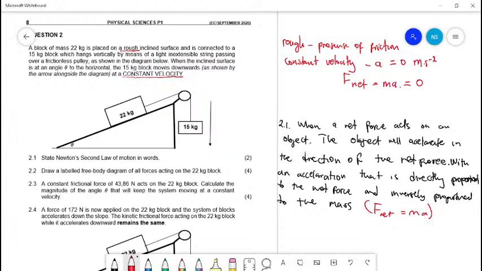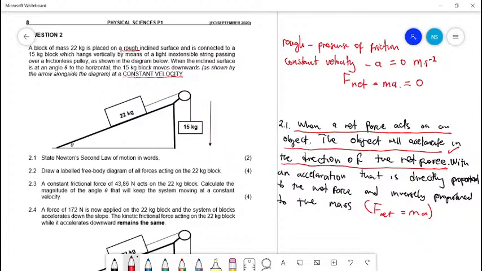So the first part of this definition, you need to be talking about the force acting on an object, right? So this has to be the first part of the definition. And then how the object accelerates. And then you'll get a mark for that.